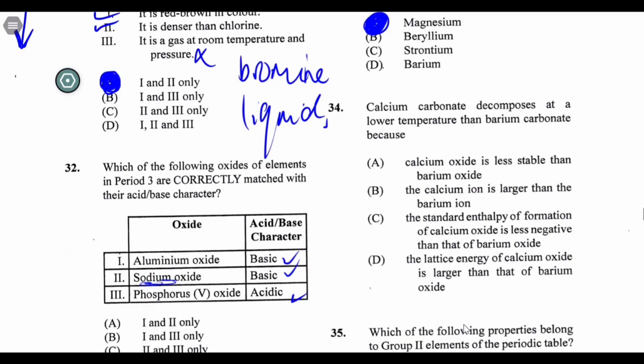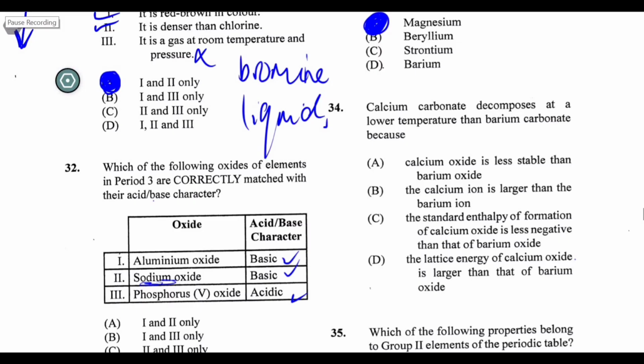The calcium ion is larger than the barium ion. The standard enthalpy of formation of calcium oxide is less negative than that of barium oxide. The lattice energy of calcium oxide is larger than that of barium oxide.